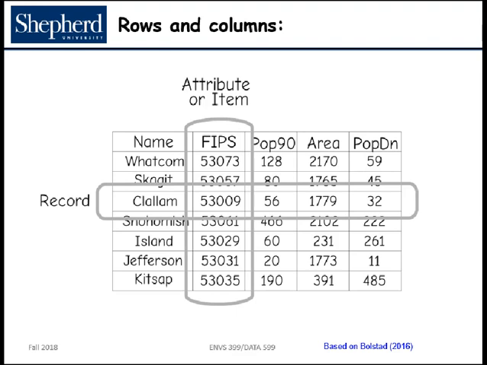In our example in the slide, the attributes that describe a county include the name, a FIPS code, the 1990 population in thousands of persons, area, and population density. These related data items are often organized as a row or line in a table called a record. A table then contains a collection of records, and a group of tables defines a database.